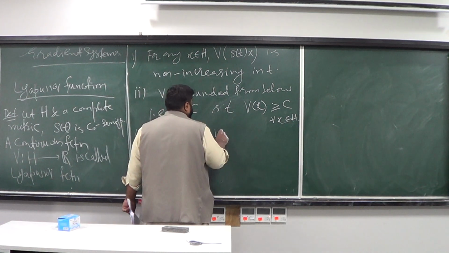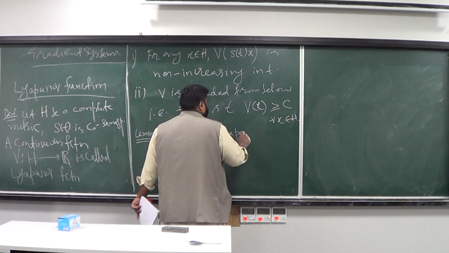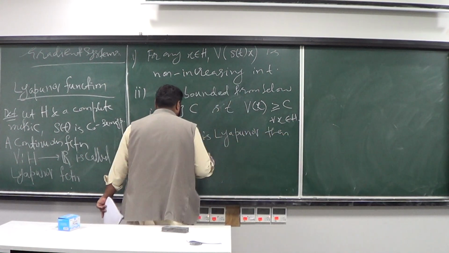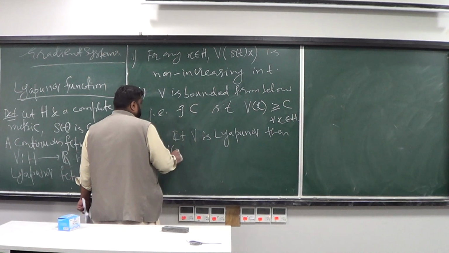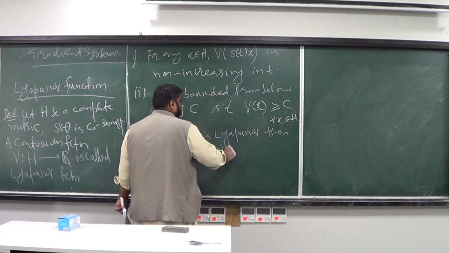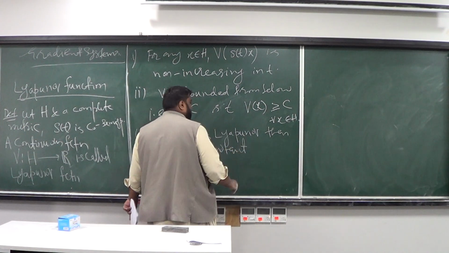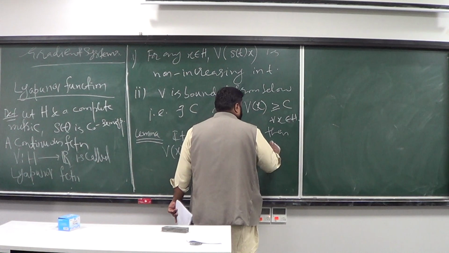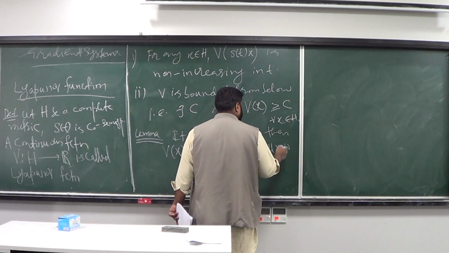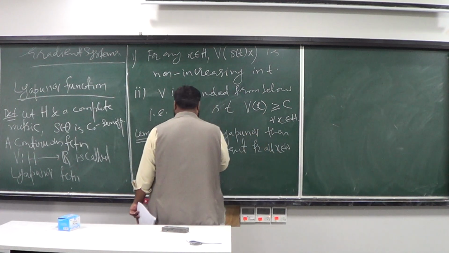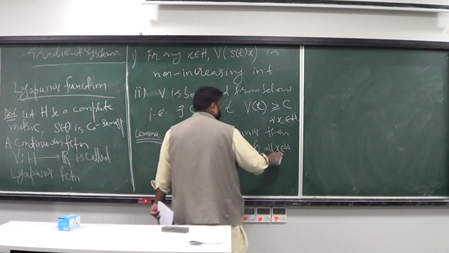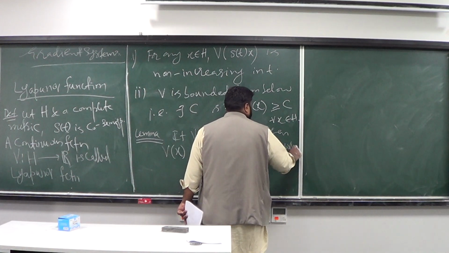if v is Lyapunov, that satisfies the definition, then v of x is constant. It does not change for all x in the omega limit set, say, of u naught.